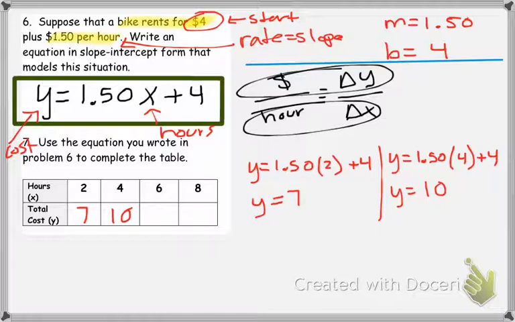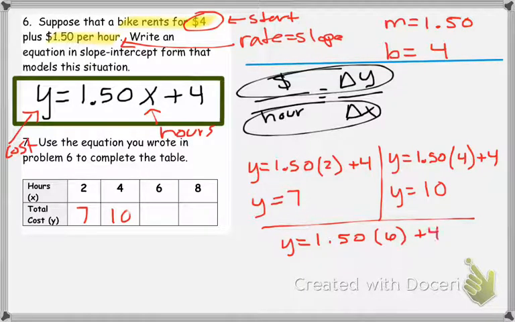Let's do 6 hours. Let's do y equals, we're going to put our equation, 1.50. We're not going to put x, we're going to put 6, plus 4, because we want 6 hours. So when we put this in the calculator, we should get 13. Okay, and we can probably see the pattern here, right?